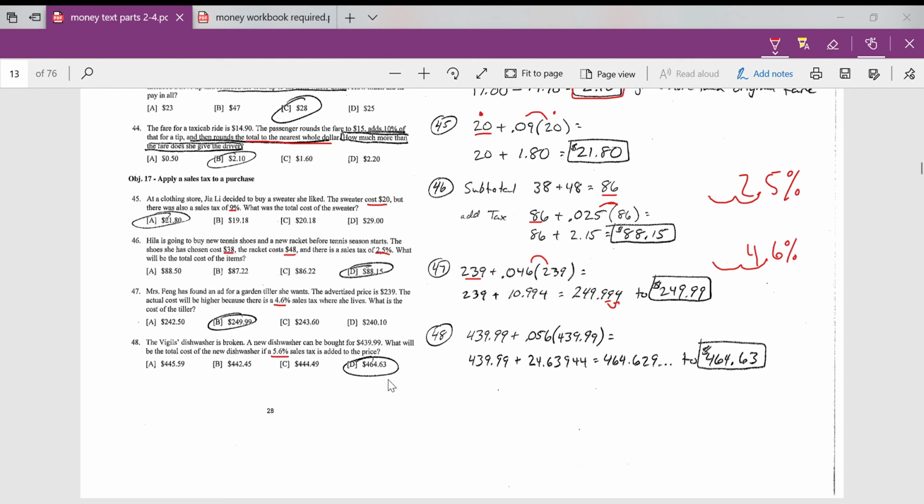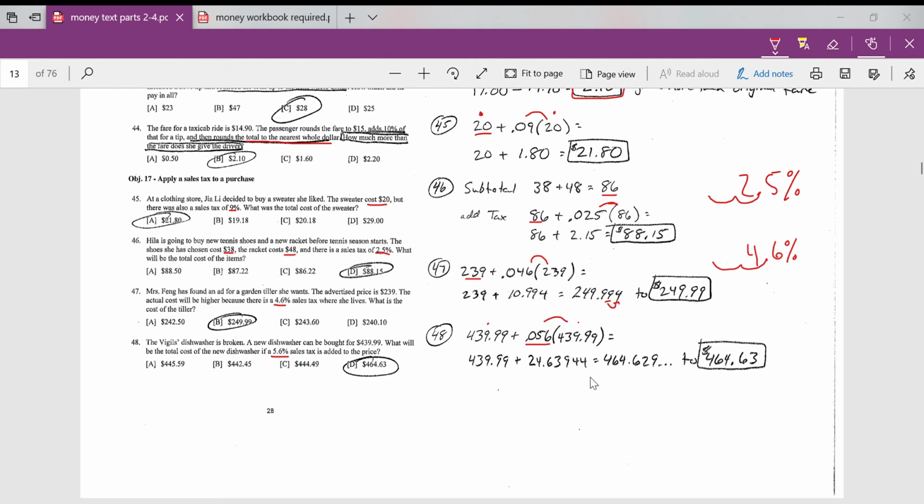sales tax? So again, we move the decimal twice. So the percent is 0.056. Regular price is $439.99. We add that 5.6% of the $439.99. Again, just like all these problems above, the same number that's here is here. Okay. Order of operations, multiply this first.